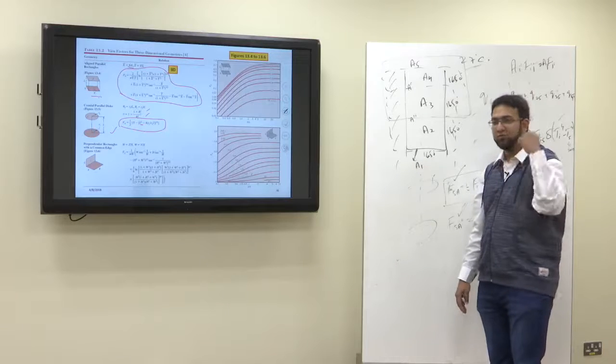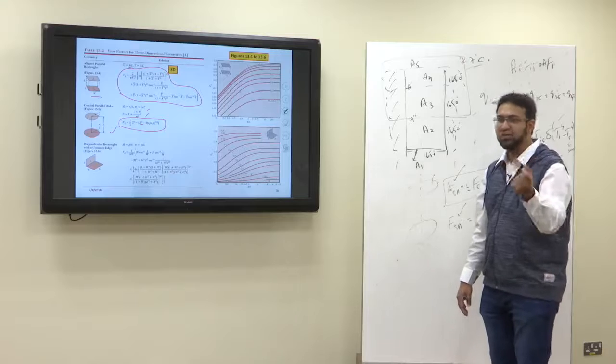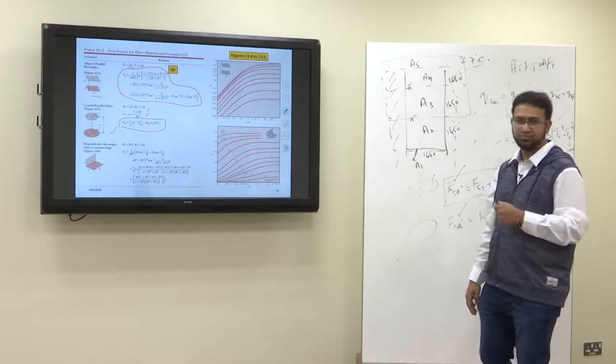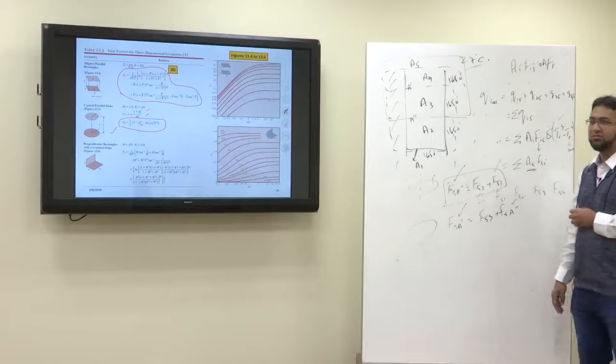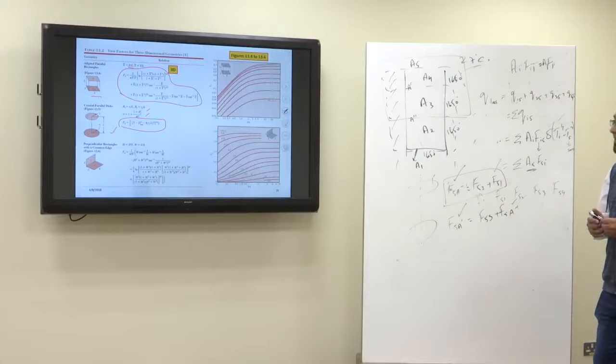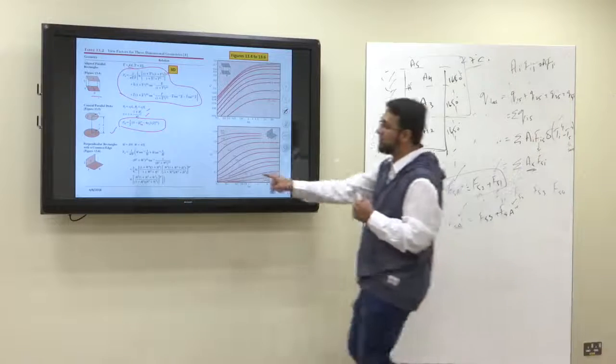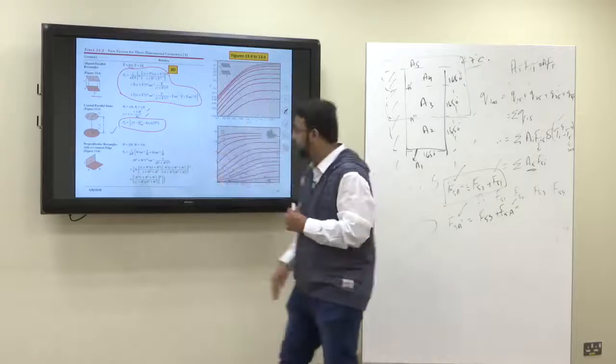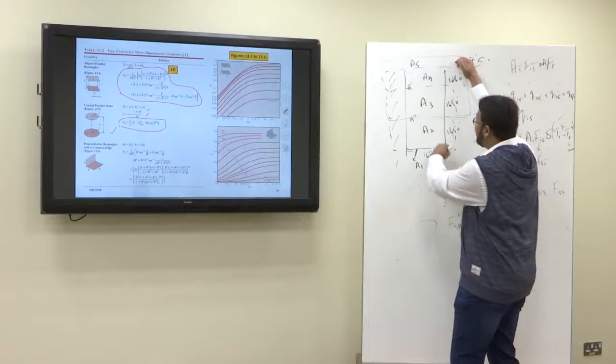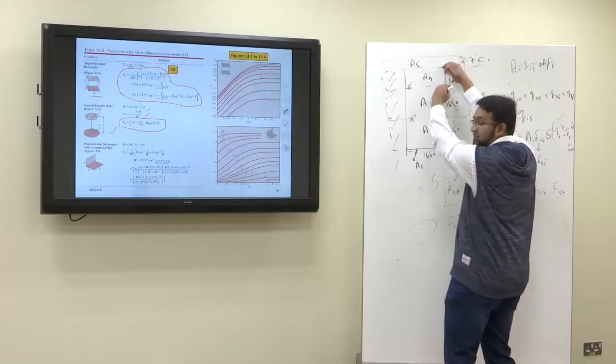You know F5-1, F5-2, F5-3, only F5-4 is unknown, so you can determine it by the enclosure law. So I applied this formula 3 times: first time for the whole length, second time for this length, third time for this length.